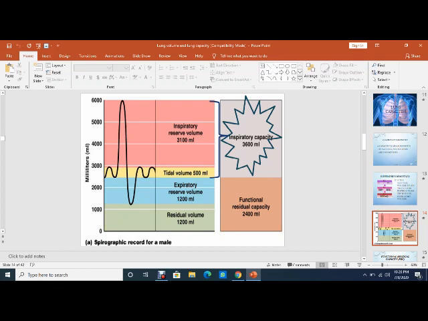From the examination point of view, you should know all these diagrams and the normal amounts: tidal volume 500 ml, inspiratory reserve volume 3100 ml, expiratory reserve volume 1200 ml, residual volume 1200 ml.